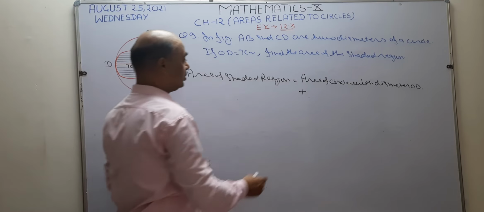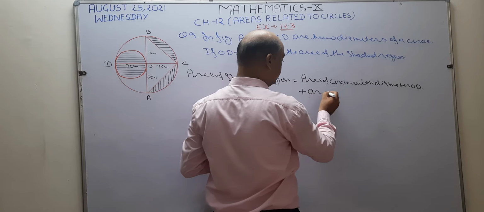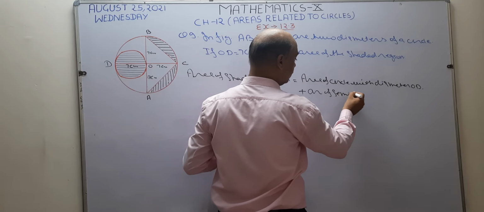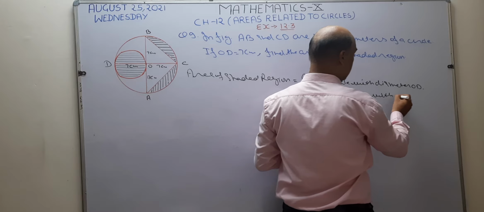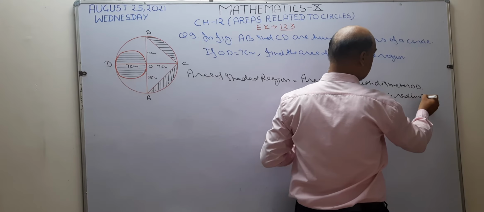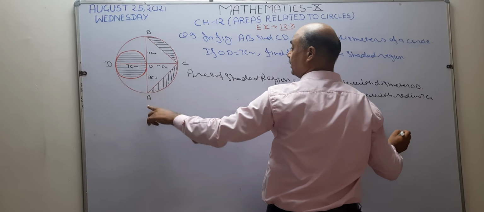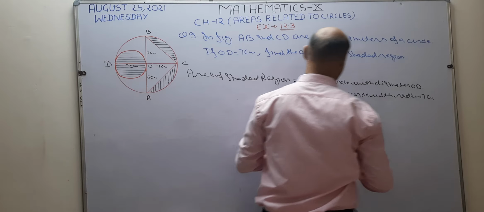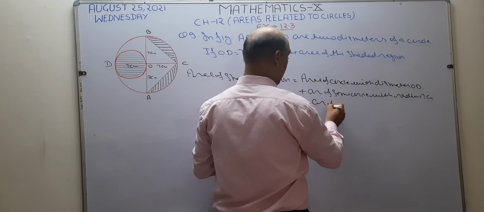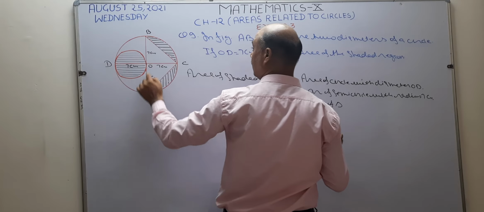So right here, plus area of semicircle with radius 7 centimeter. This is the radius of the semicircle. So right here, with radius 7 centimeter, minus area of triangle. What is the name of this triangle?